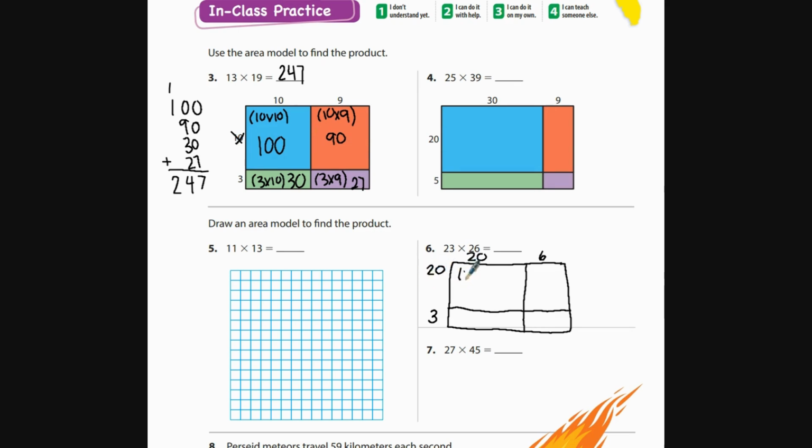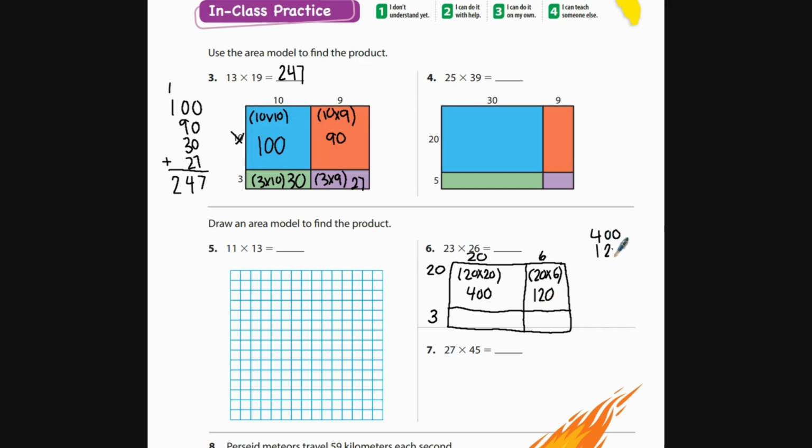So step 1 is 20 times 20. Well, 20 times 20 is 400. So I'm going to put 400 here. Step 2, 20 again, but times this number, 6. That is 120.